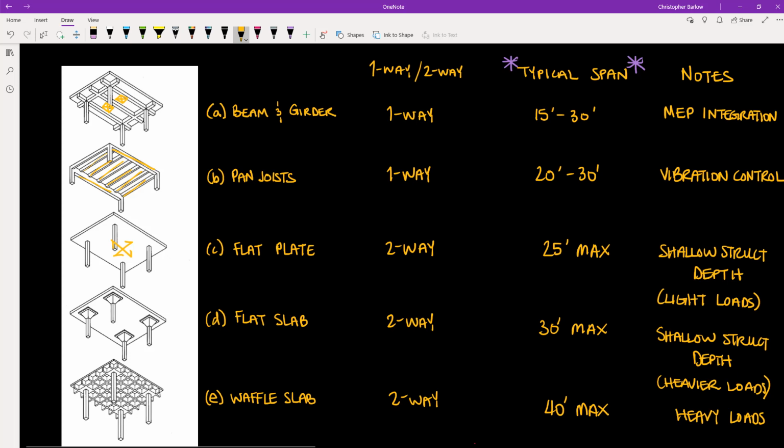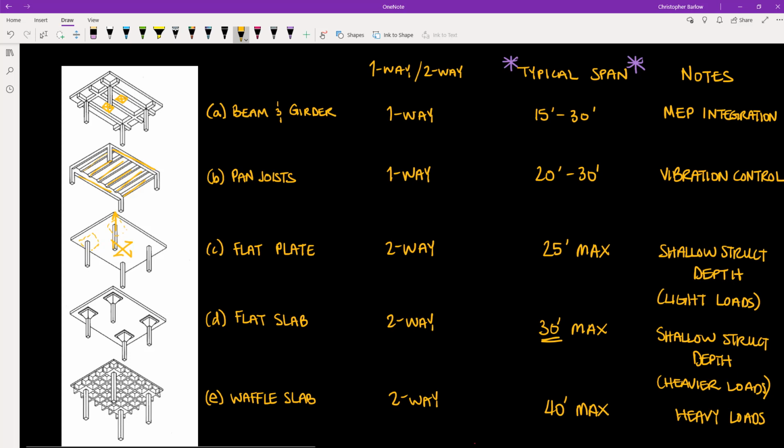If we want to push the span further for our flat plate system, say up to 30 feet maximum, what will start to happen is we will have punching shear issues around these columns. And punching shear is essentially exactly as it sounds. This column will want to punch up through this slab as the slab is loaded.